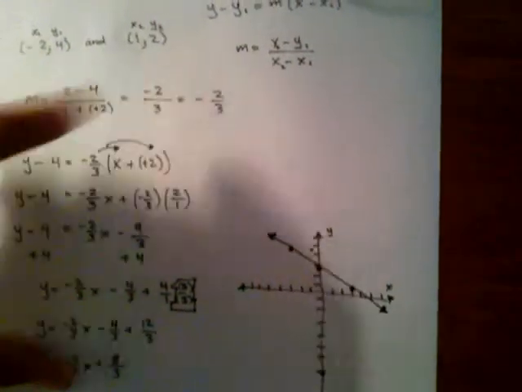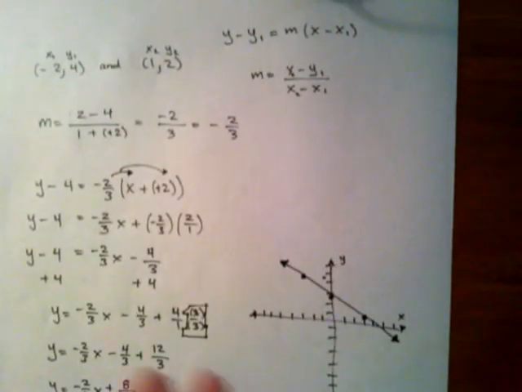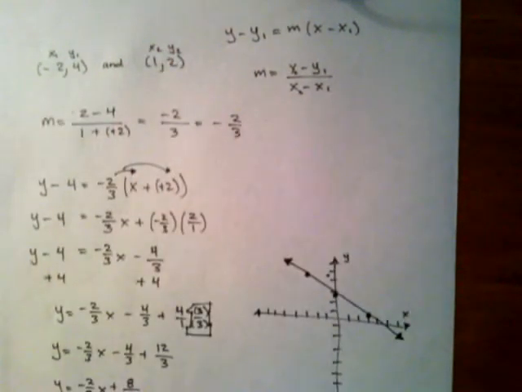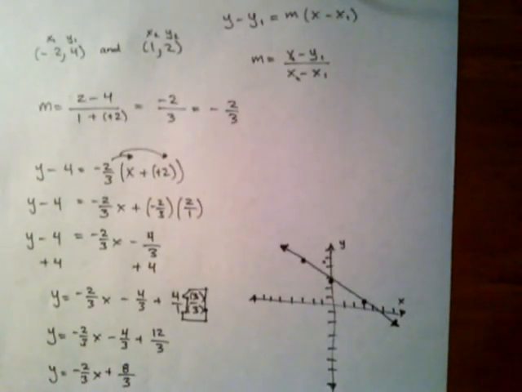And just like that, we were able to translate this information into the equation of the line, and then from the equation, we were able to graph it. So this is it for this section.